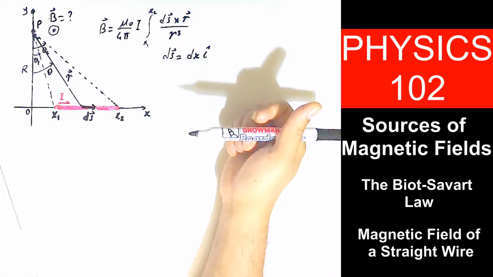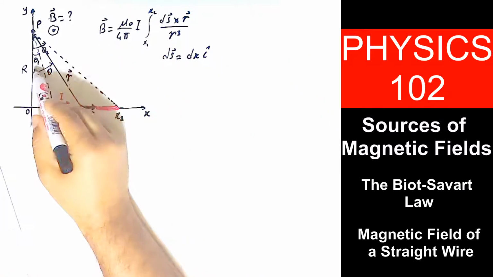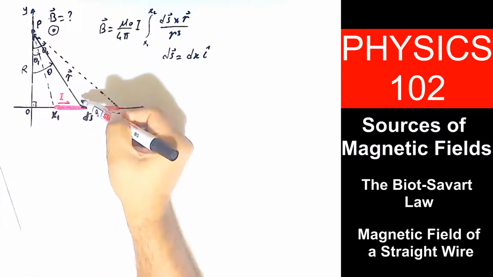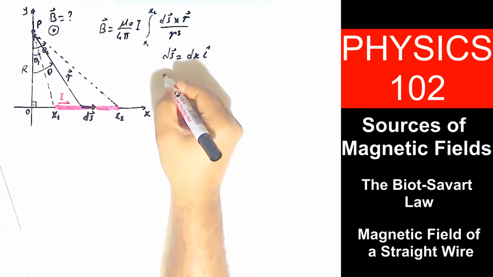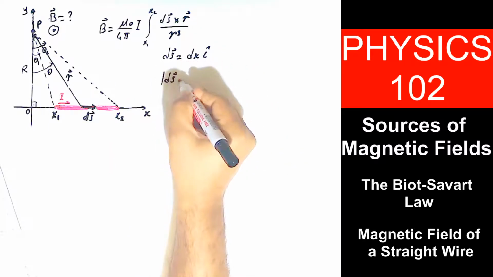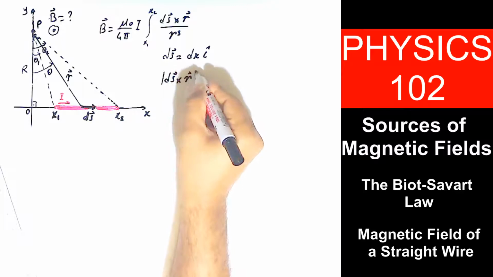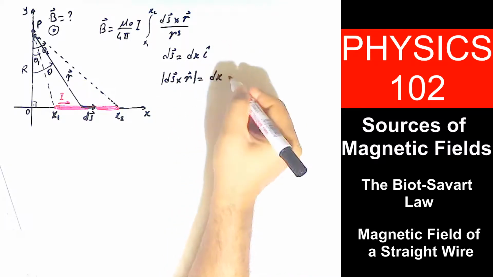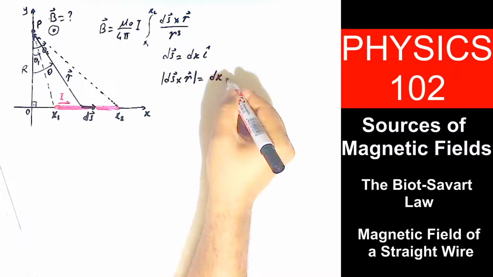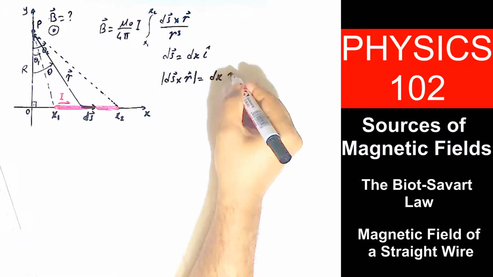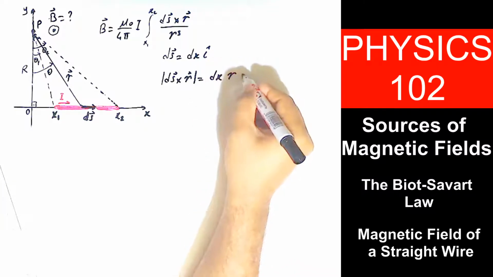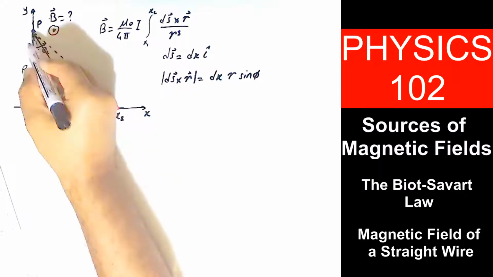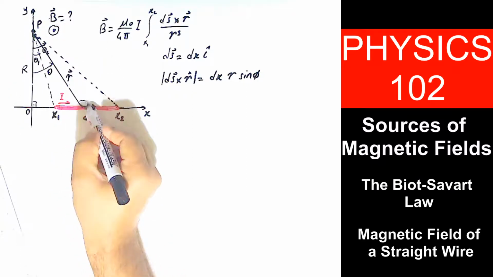Since this angle is theta and this angle is 90 degrees, the magnitude of ds cross r is dx, the magnitude of the first vector, multiplied by r, the magnitude of the second vector, multiplied by sine of the angle phi. And phi is the angle between the r vector and the ds vector, that means this angle.